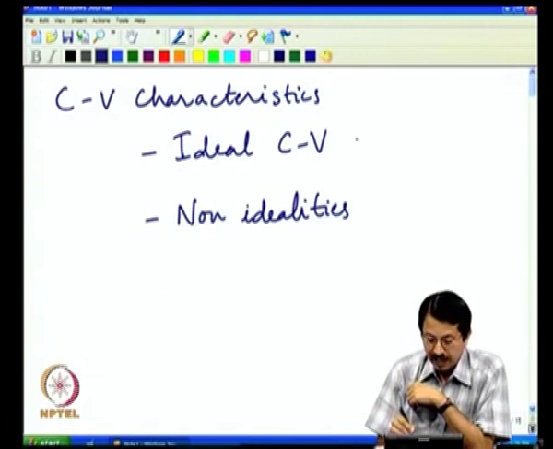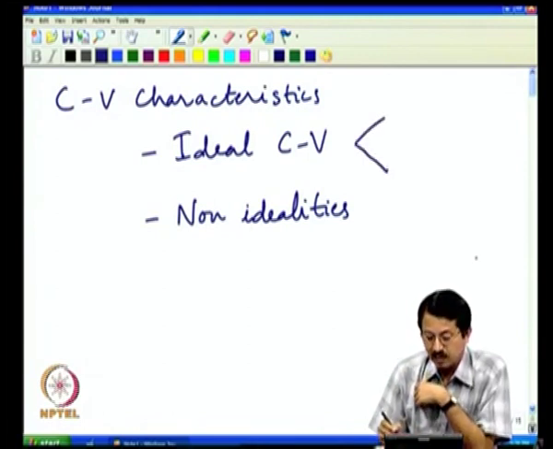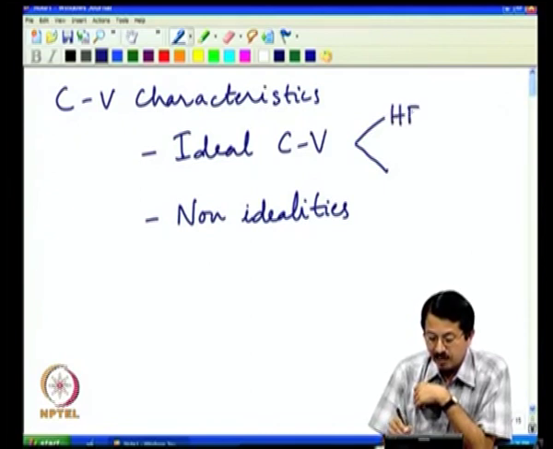So, in ideal CV characteristic we will look at two kinds of capacitance voltage curves, one what we call high frequency CV and then low frequency CV.